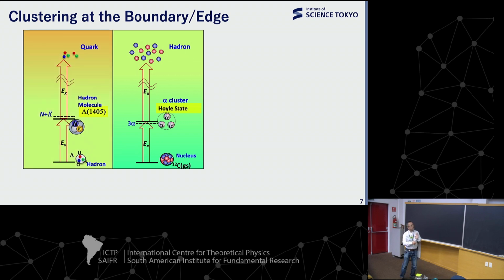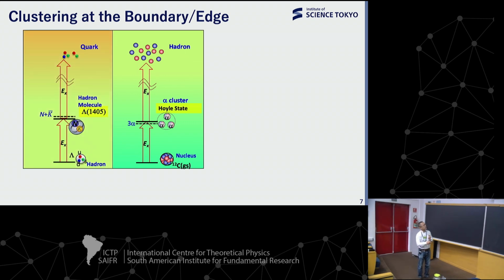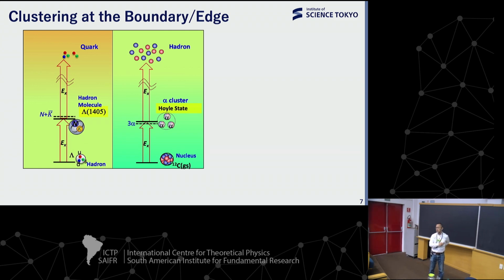Okay, now let's take a look at the hadron sector. Let's take a look at the lambda hyperon. If you excite the lambda hyperon fully, then it becomes quarks. But if you tune the excitation energy very close to the nucleon plus K-bar meson threshold, then you will see a hadronic molecule of lambda. It's called Lambda(1405).